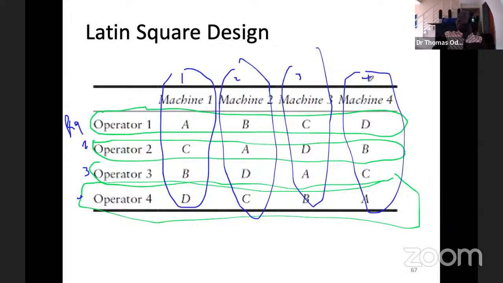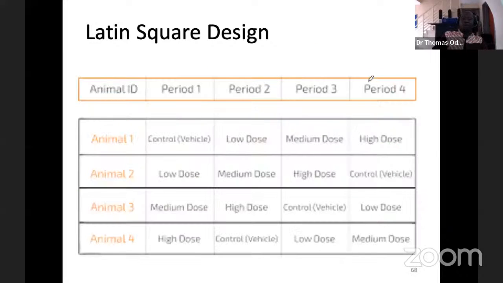You look at controlling variation in terms of rows and in terms of columns. It's also used frequently in animal science, where you can look at, let's say, lactating animals. So you have animal number 1, animal number 2, animal number 3, and then this could be lactation period 1, period 2, period 3, period 4.